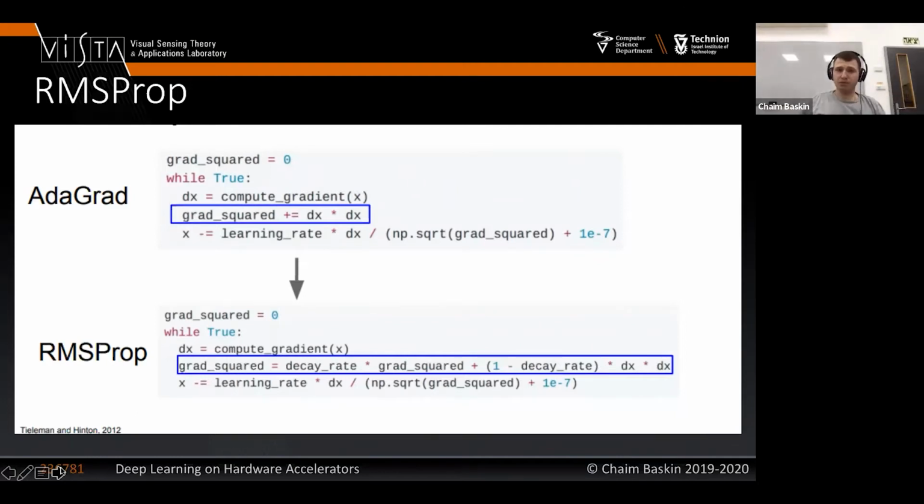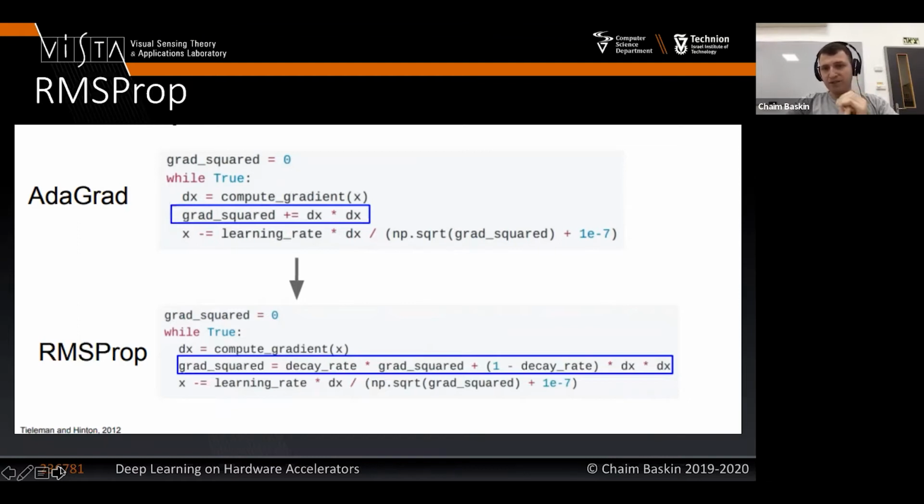RMSprop is actually an improvement over Adagrad. It's the same algorithm of adapting the learning rate in each layer, but the grad squared is defined in another way.